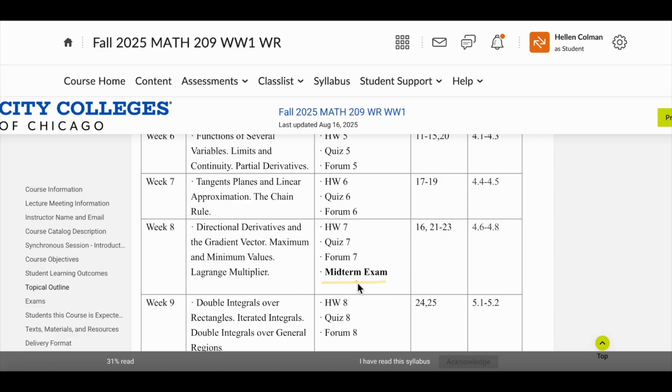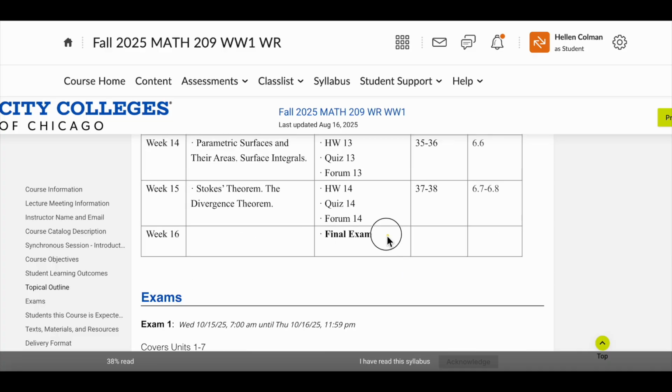So this exam you have to do at the middle of the semester, and the last week of classes you need to do the final exam. These are all the assessments in this class.